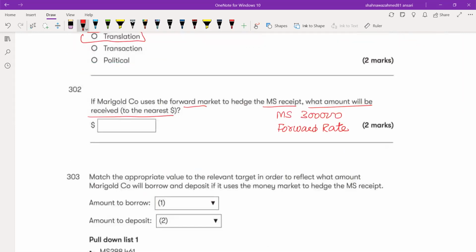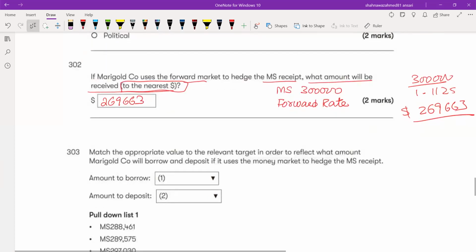So simply divide this MS by 1.1125 and the dollar amount is approximately 269,663 to the nearest dollar. So in case of forward exchange, you have to just identify a suitable rate.